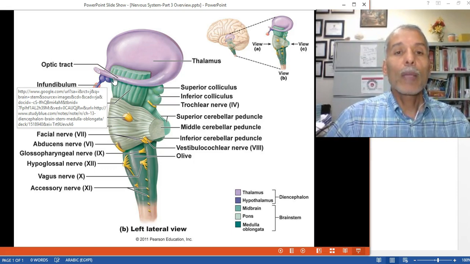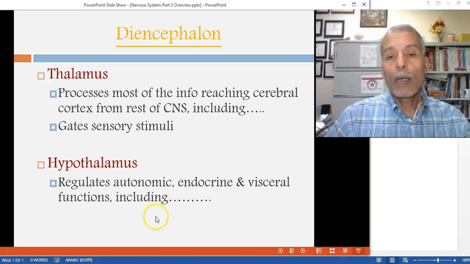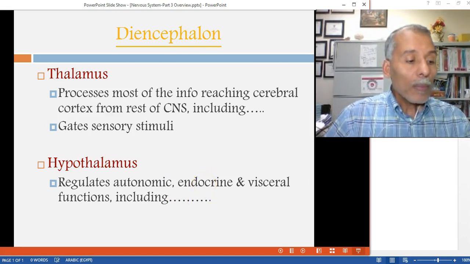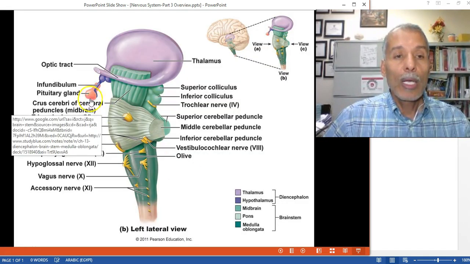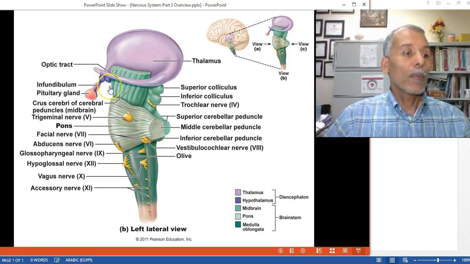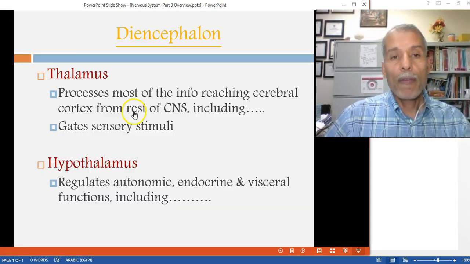So the functions of the hypothalamus are primarily autonomic nervous system functions, including the control of glands, endocrine glands in the body. For example, the pituitary gland, hormones, how they are released, and the different systems that enable us, for example, to feel thirst, to feel hungry, or even sexual drive.